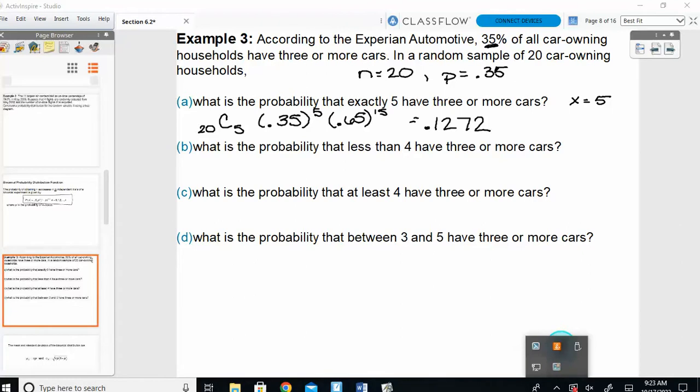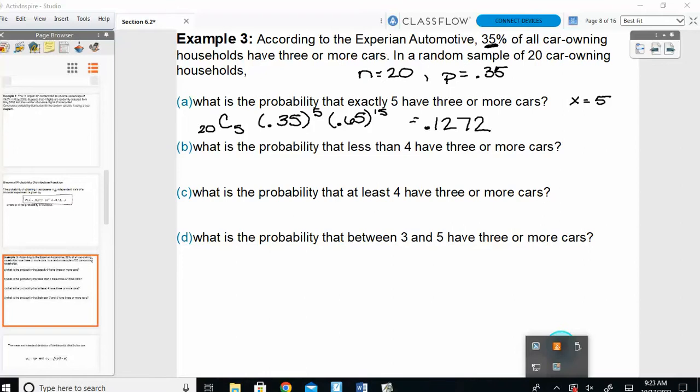The very last thing, the back page, has the 20s. Does everybody find that very last page of our chart? So when my n is 20, then my x, we were looking at 5, and go over to your 0.35, it has 0.1272. So it has some of the common ones calculated for us.